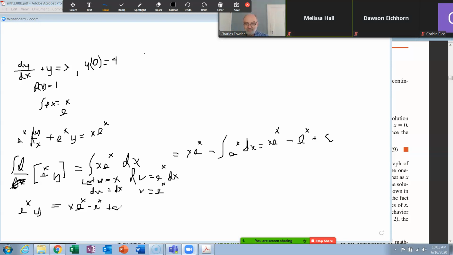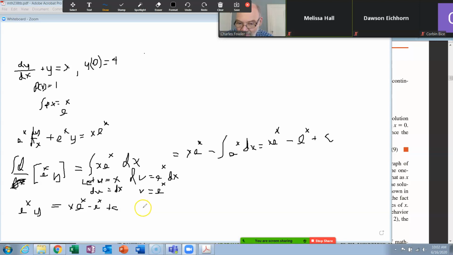Now we haven't solved it for y yet. I'm beginning to think maybe we could call that constant e to the c, but let's leave it as c for now. And let's divide everything by e to the x.